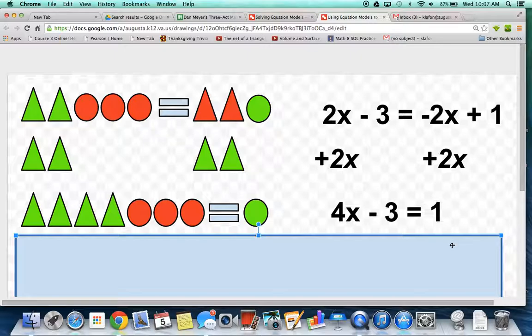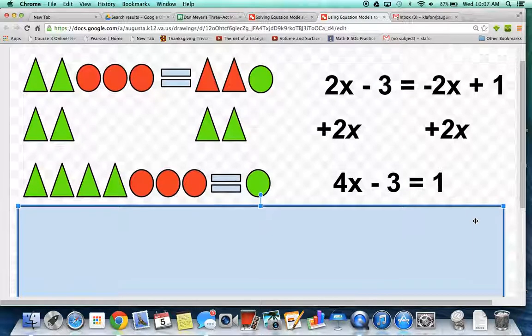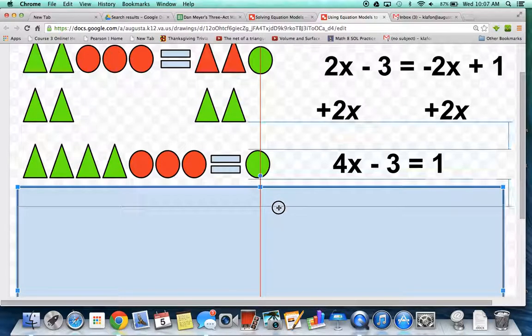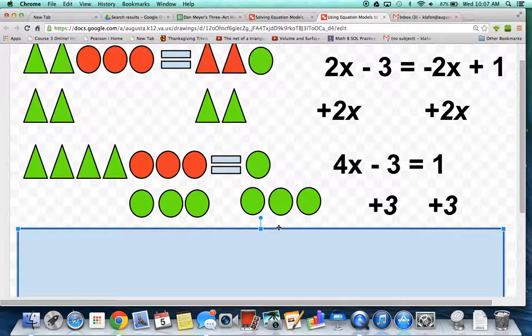Now, this looks like a 2-step equation that we've solved before. So the next thing we would do is use the inverse of the circles. I still have circles on the left, so I want to move them over to the right. So the inverse of my red circles would be green circles. And I'm going to add 3 green circles to both sides. That's the same thing as adding 3 to both sides of the equation.